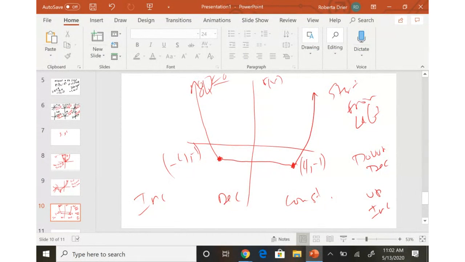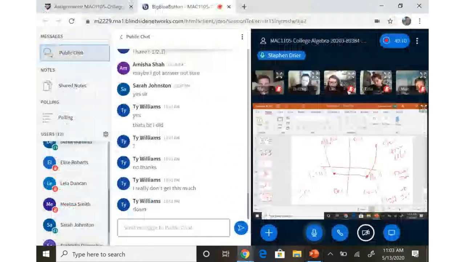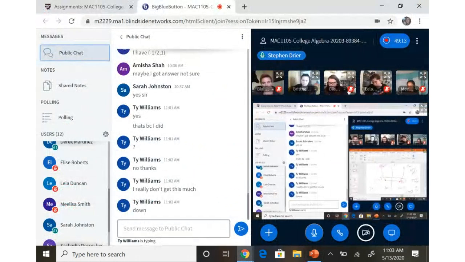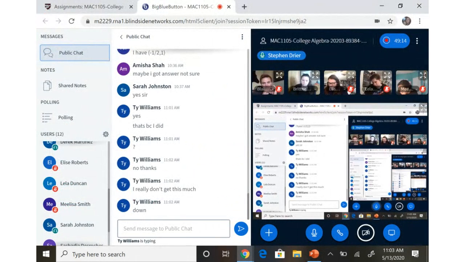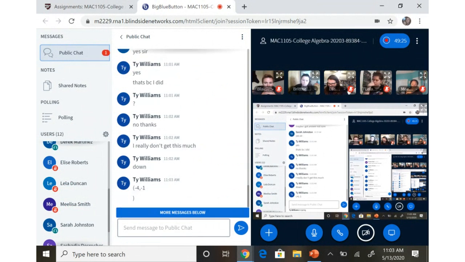If you're going sideways, that's constant. Now, Ty, if we're going to go down, how far down will I go before I change directions? Where do I get to? I get to the point (-4, -1).